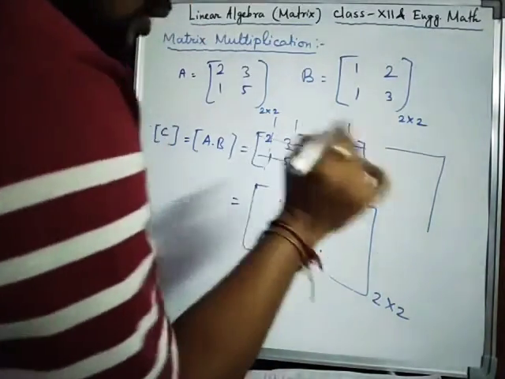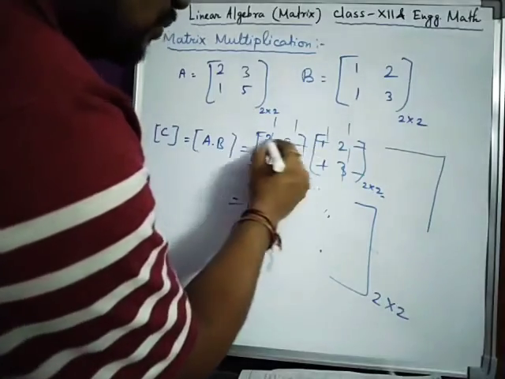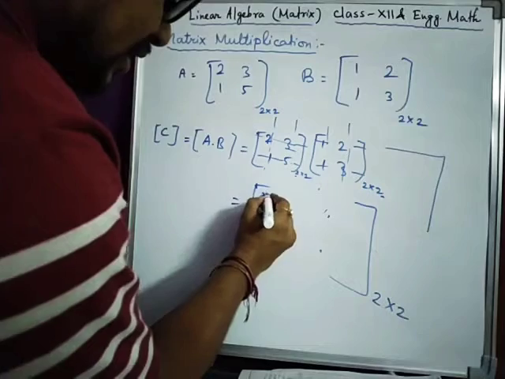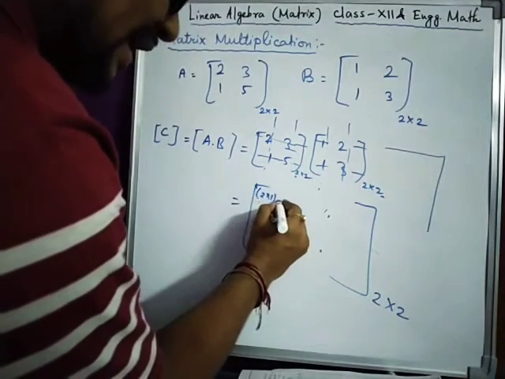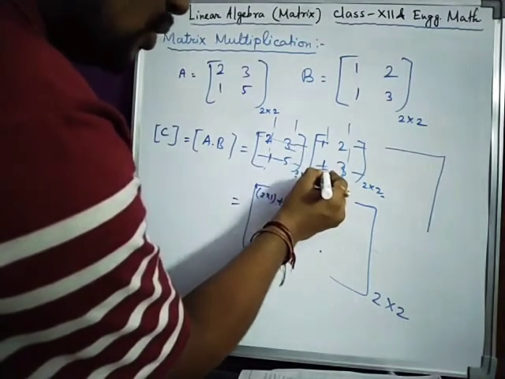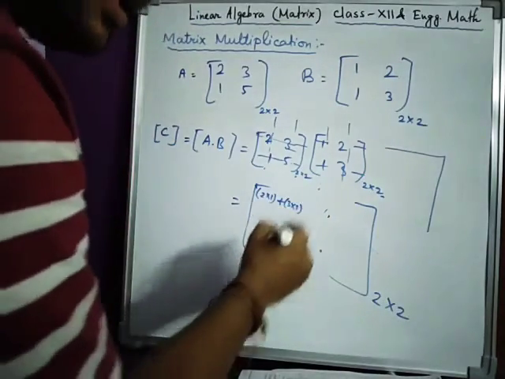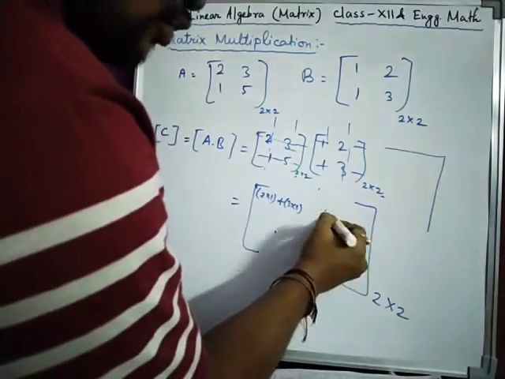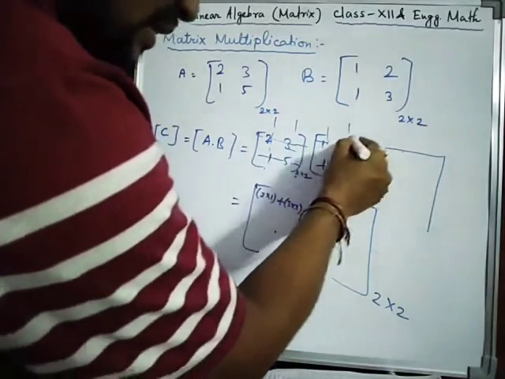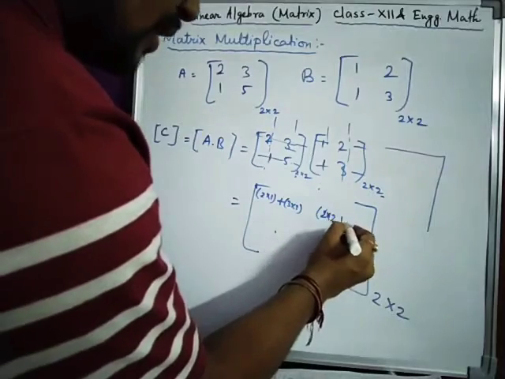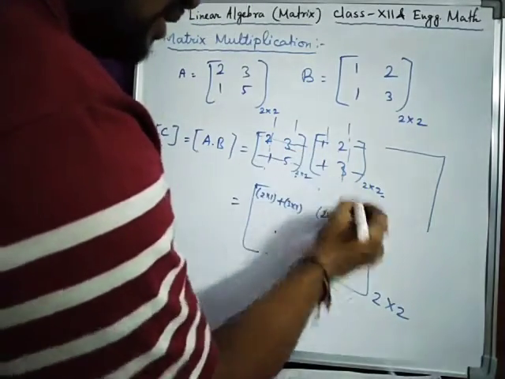So how to remember? For the first row and first column I am doing first: 2 into 1 plus 3 into 1. Next, for this row and this column: 2 into 2 plus 3 into 3.